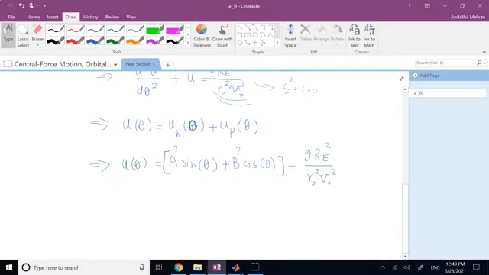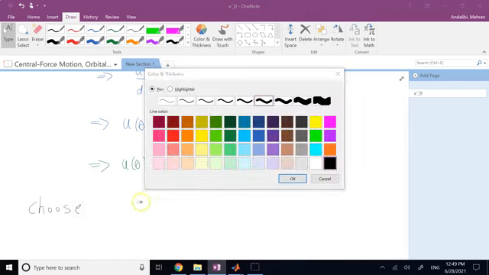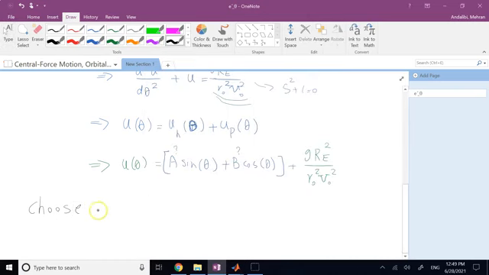So here, depending on what we choose for my initial theta, and here I choose my initial theta to be 0. Okay? It's arbitrary.